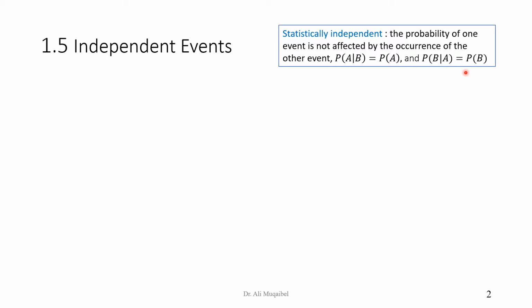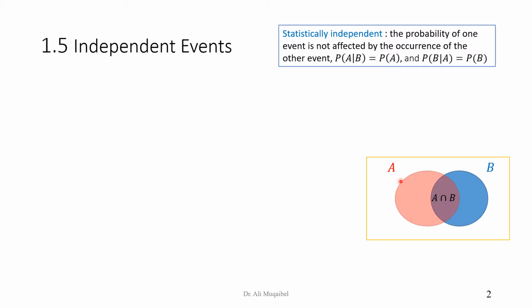If you are independent, then you are not affected by his decision. And knowing what color your brother has selected does not change the probability of what you are going to select, assuming that you are independent. If this is not true, then we say that your selection, the event of your selection, is dependent on what your brother has chosen.